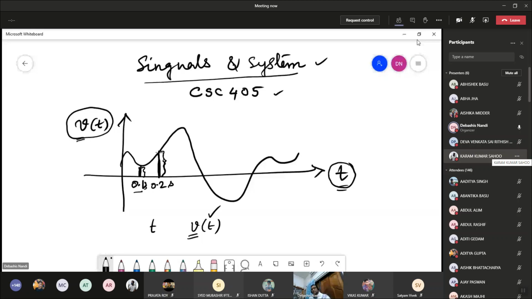Sometimes we use sensors also; different types of sensors are available. For example, suppose you want to process a biomedical signal, ECG or EEG or some other types of signals. Different types of signals are there in our body, which are to be measured for medical purposes.